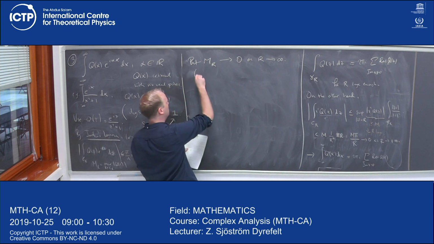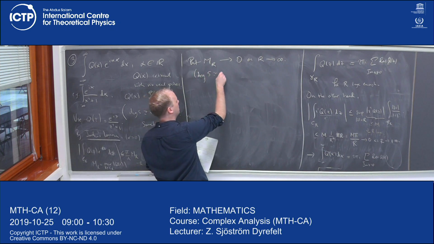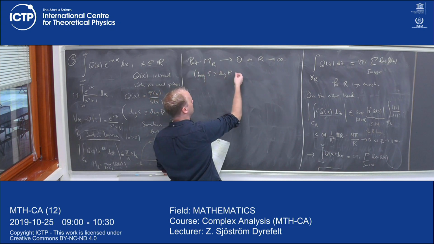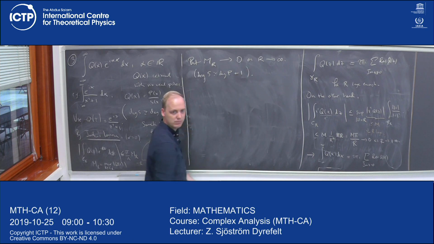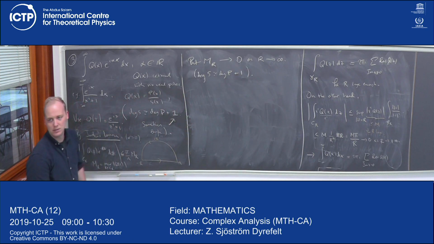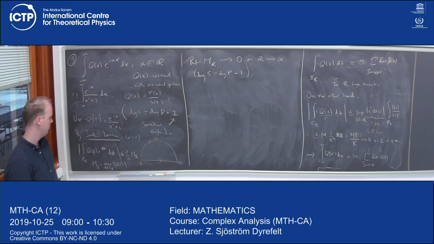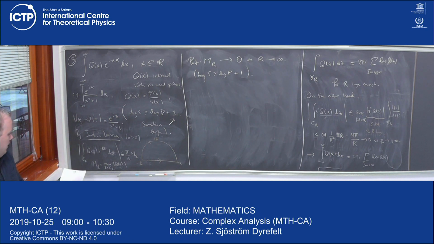And this is true if the degree of s is greater than or equal to the degree of p plus 1. Sorry, is theta 1 over z squared plus 1? Now I was just writing q of z. I don't understand. The formula above is the integral of q of x times e to the i alpha x. Yes, so q of x is only the rational function.